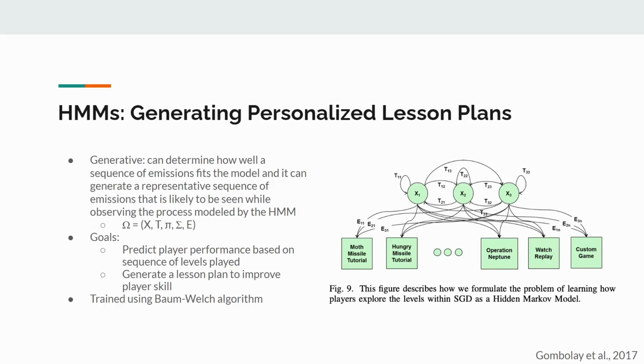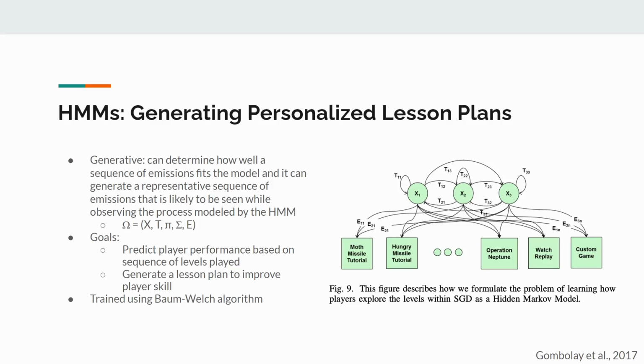Moving on, the culmination of all this work is the generation of an effective lesson plan using expert data. We want to classify our top and bottom performers and determine the optimal series of games played in SGD that will allow a player to become a top performer.